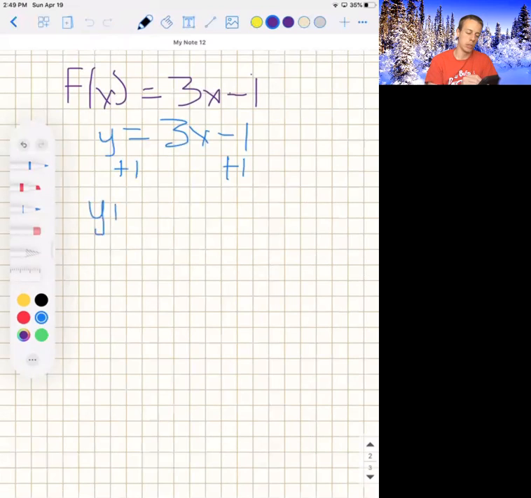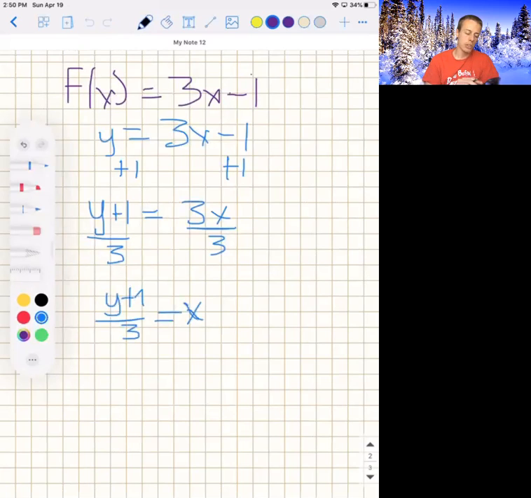So y plus 1 equals 3x, and divide both sides by 3. Okay, so we have y plus 1 over 3 equals x. So we got x by itself.